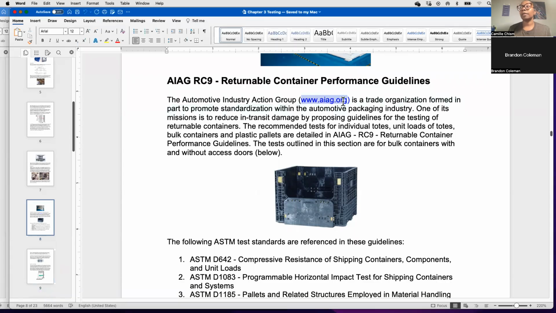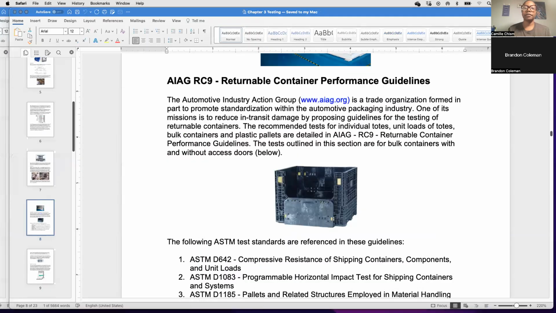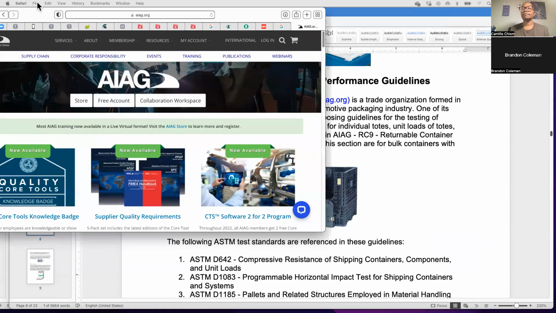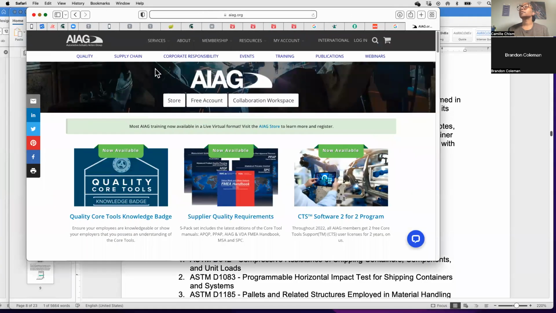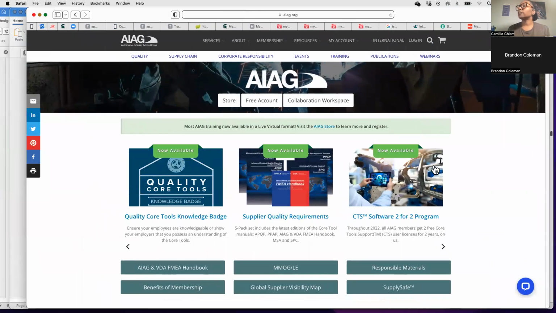Or I guess I'll just copy and paste because that link is not working, and pull it up so you all can see what AIAG consists of. Okay, so this is the website for the Automotive Industry Action Group.